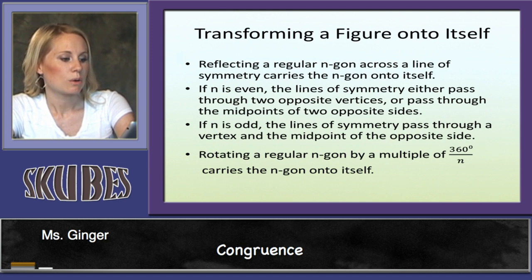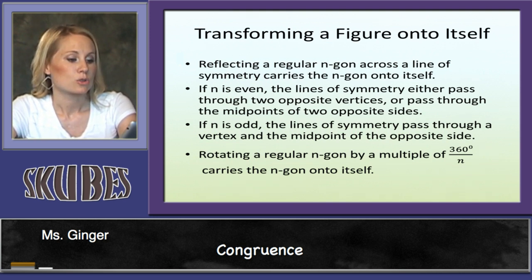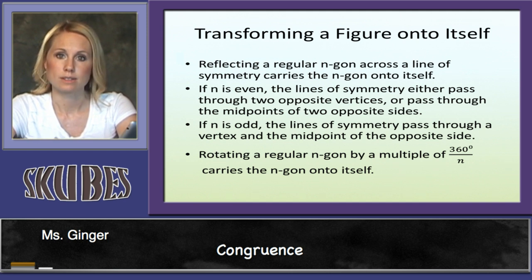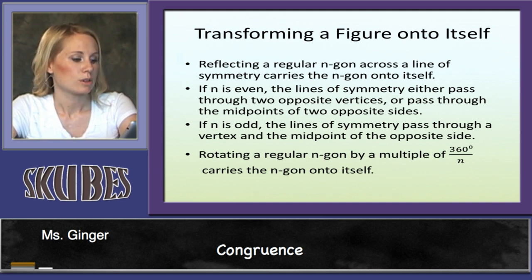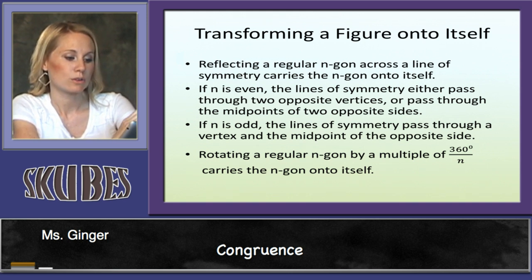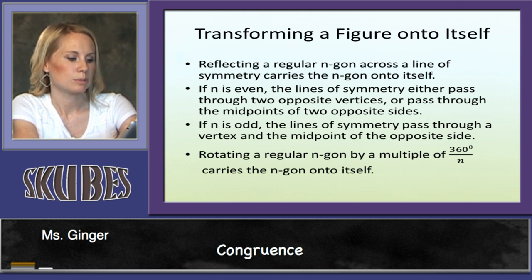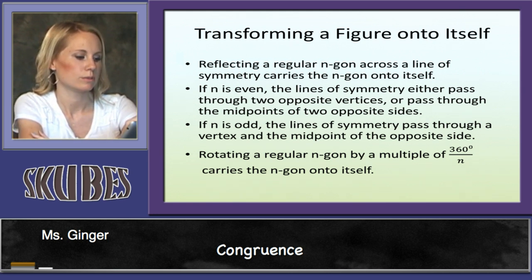There's some things we need to go over when we're talking about congruent figures and transforming a figure onto itself, and those are these here. When we're talking about reflecting a regular figure of some amount of sides across a line of symmetry, it will carry that same figure onto itself.